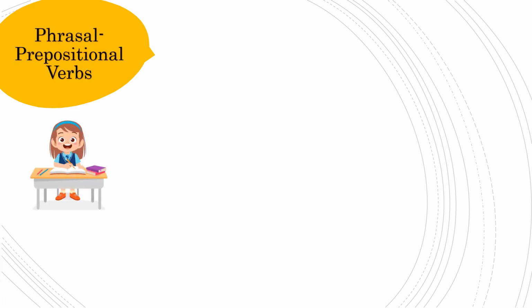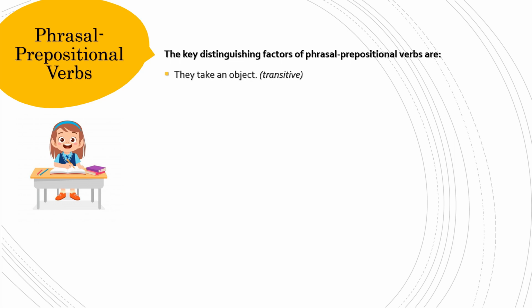Phrasal prepositional verbs. The key distinguishing factors of phrasal prepositional verbs are: they take an object, transitive. They have two particles.